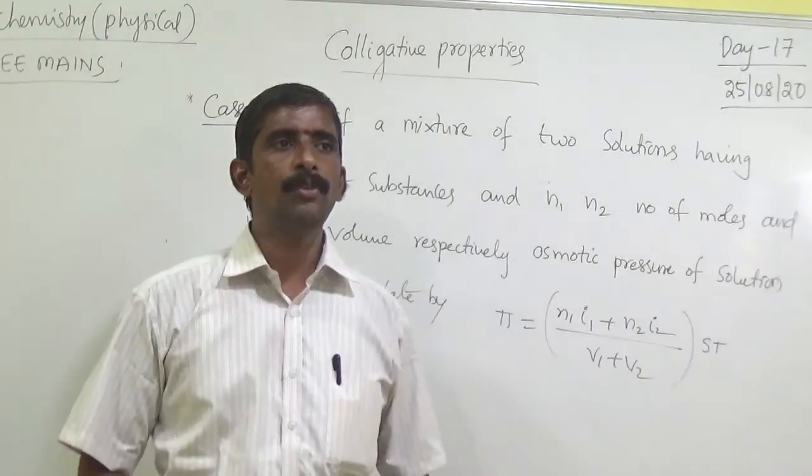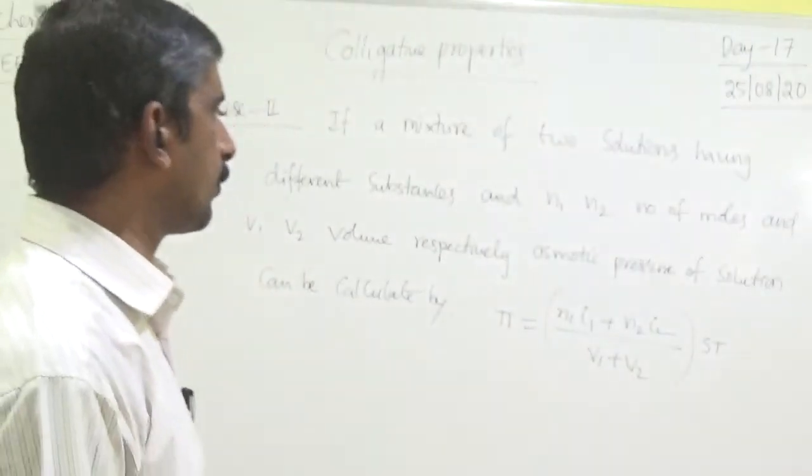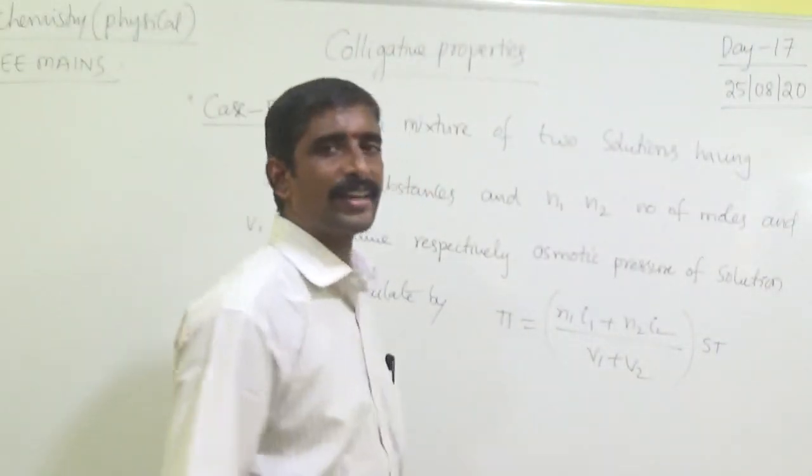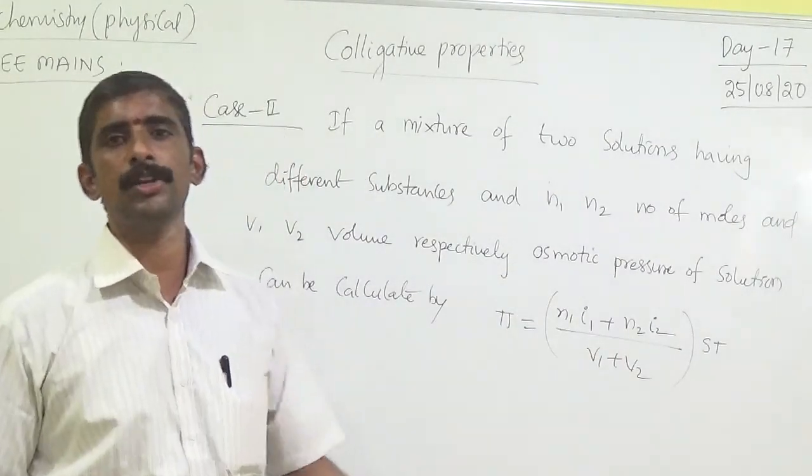I1 and I2 are Van 't Hoff factors, for the first and second solution. They will give I1 and I2.